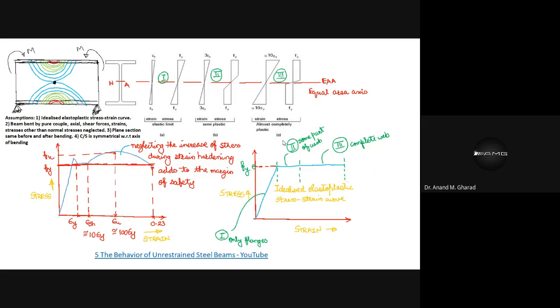Now this is the important thing which we need to understand, and the complete IS code revolves around it. Just try to understand. See, I have considered an I section.